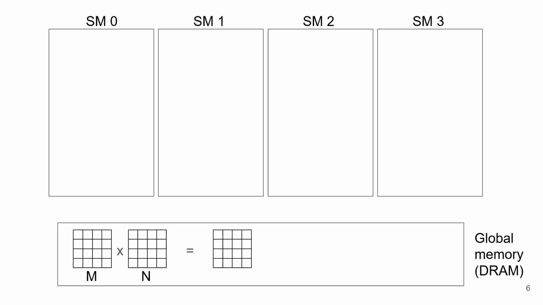Let's have a quick look at the way the parallel hardware, in our case the GPU, executes the code. For simplicity, we assume there are 4 computing units. In NVIDIA, this is called streaming multiprocessor, or SM, and the input and output matrices are stored in the DRAM. Once again, in the NVIDIA term, this is called the global memory.